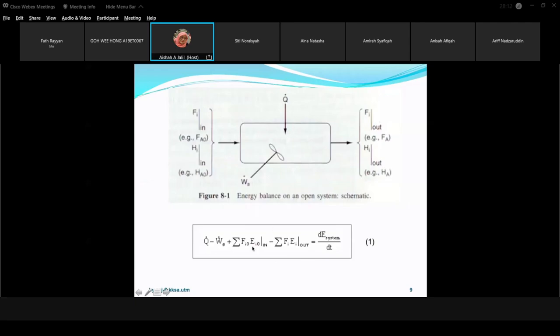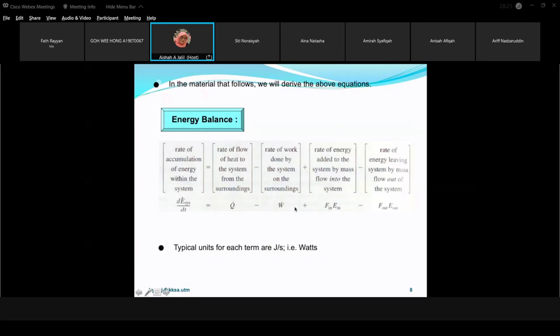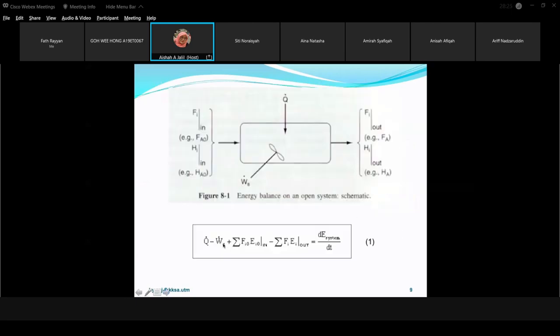So that equation becomes like this. You see Q, W, F_E in, F_E out. So you can see Q minus W plus F_E in minus F_E out equals dE_system over dt.